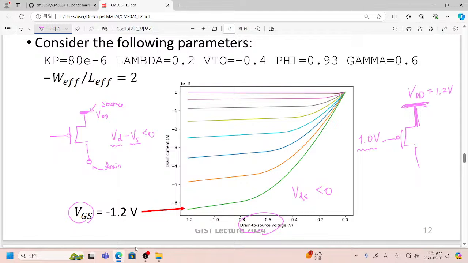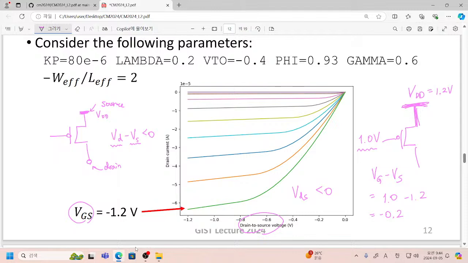However, usually what we want to know is not exactly this gate voltage, but the difference between the gate voltage and the source voltage. Then if we evaluate it, we must calculate 1.0 minus 1.2, and it becomes minus 0.2.